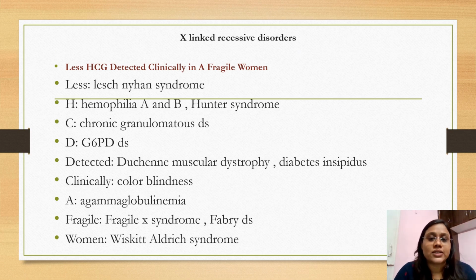Now moving on to X-linked recessive disorders, the mnemonic is "Less HCG detected in clinically fragile women." So from L it is Lesch-Nyhan syndrome, from H hemophilia A and B and Hunter syndrome, from C it is chronic granulomatous disease, from D it is G6PD deficiency, then Duchenne's muscular dystrophy, diabetes insipidus, color blindness from C, then from A it is agammaglobulinemia, from F it is Fragile X syndrome and Fabry's disease, and from W it is Wiskott-Aldrich syndrome.